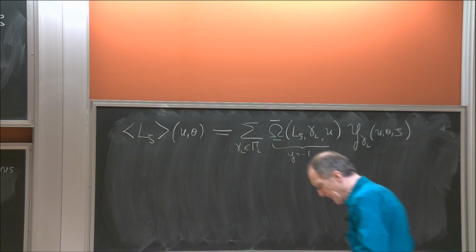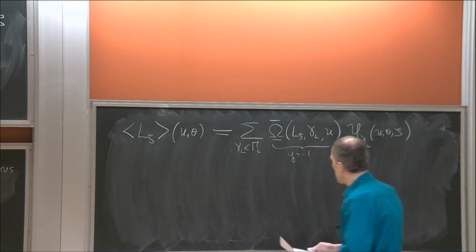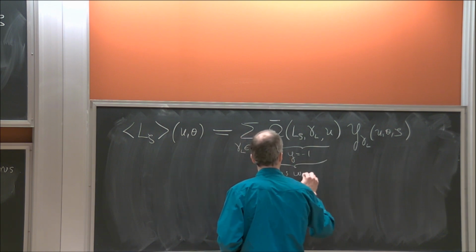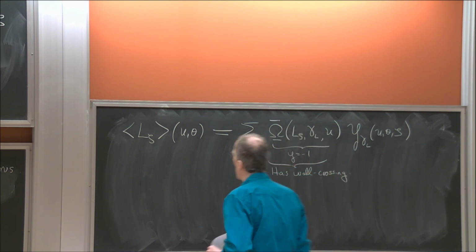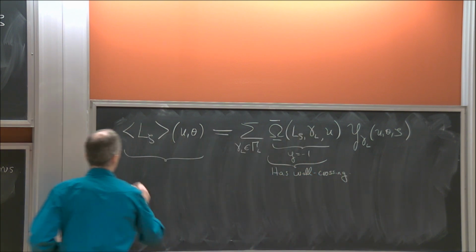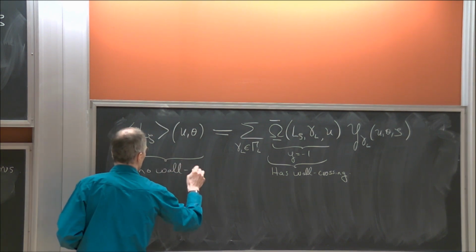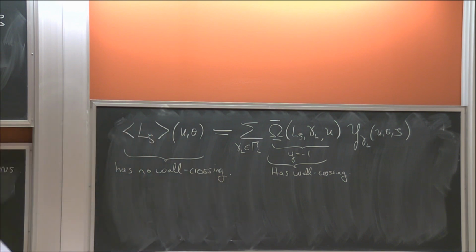Now, I just argued that this has wallcrossing. And then we argue in our paper that this has no wallcrossing, essentially because we've got an operator which is well defined in the UV.